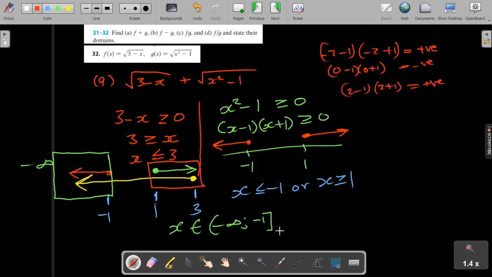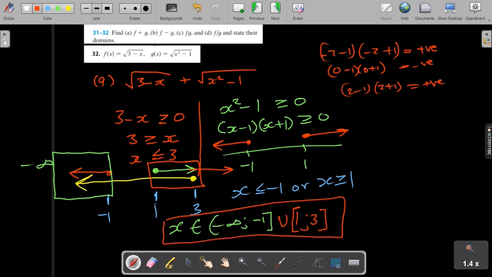At that portion, we have 1, 2, 3. And after 3, this just goes on, but it's by itself. So we're looking for portions where the domains of each of these functions overlap. And these are the two portions where they overlap, and that would be your domain. So we don't want these portions to be negative. That's how we got to such a domain.